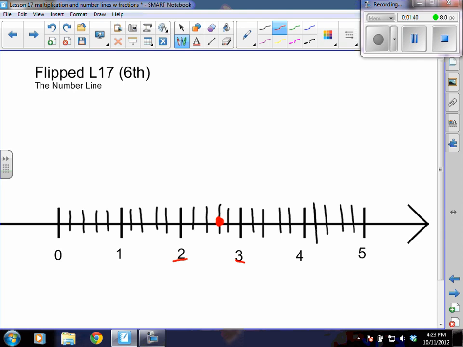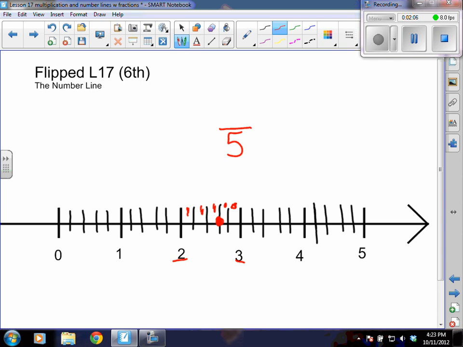First of all, we can see that there are 1, 2, 3, 4, 5 spaces between the 2 and the 3. So we know that there are 5 possible outcomes that could come out of this type of line graph.